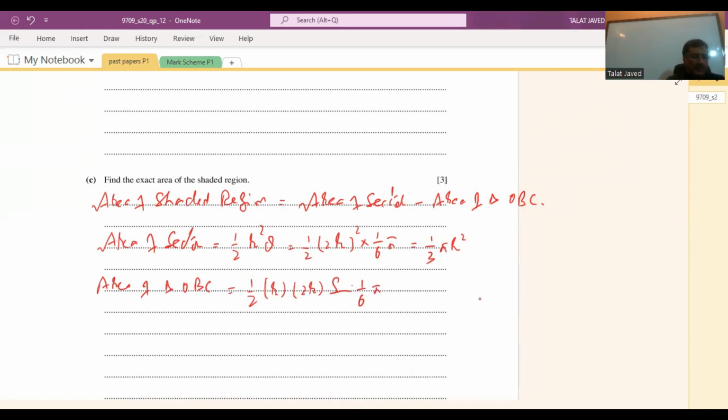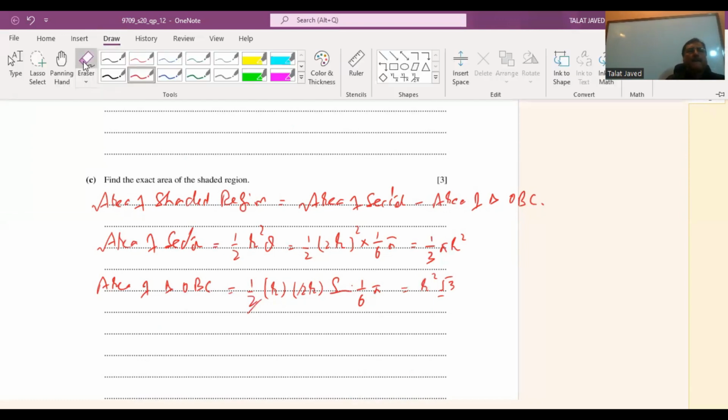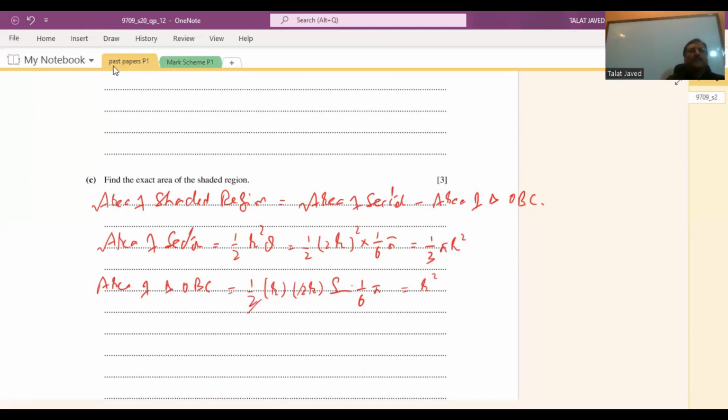So this 2 will be cancelled out with this 2, leaving r squared and sine 30. Sine 30 is 1 by 2.